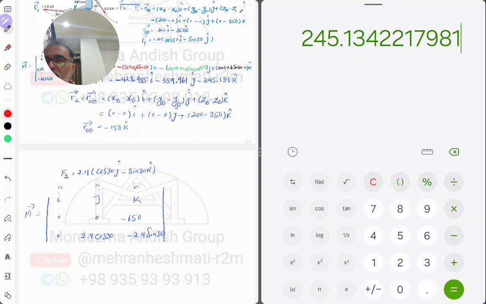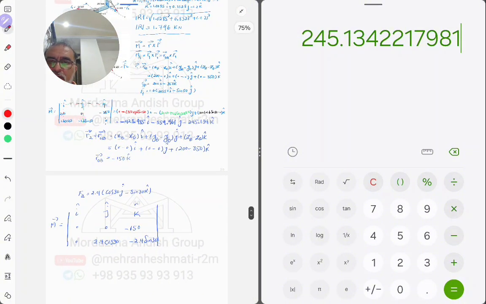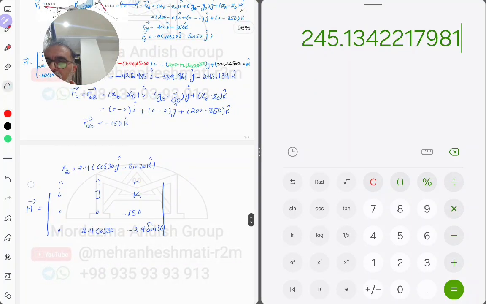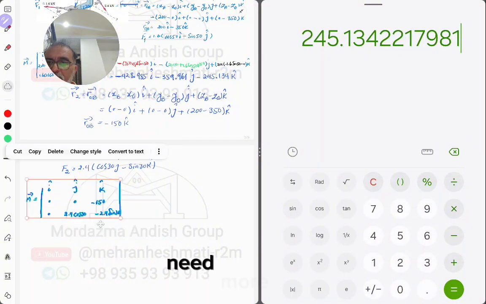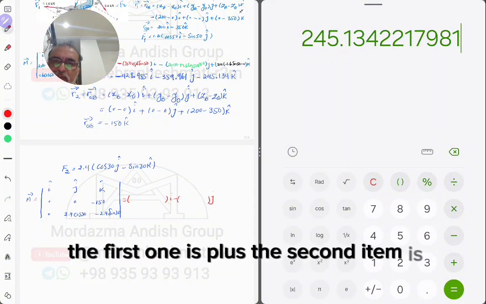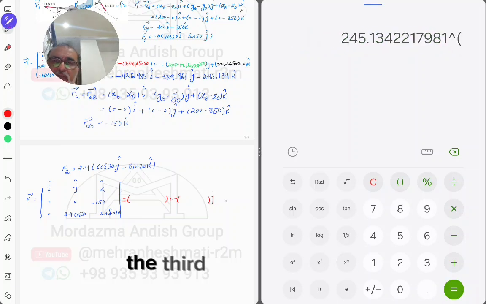Now we need more space, so here i minus j. The first one is plus, the second item is minus, the third one is plus again.